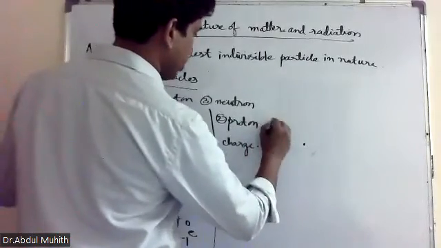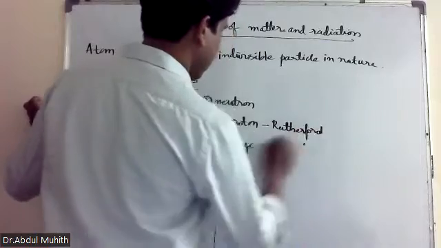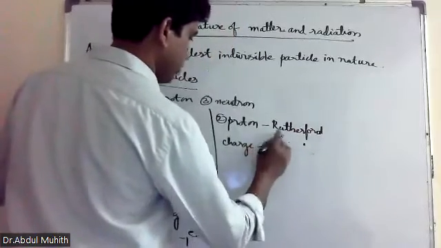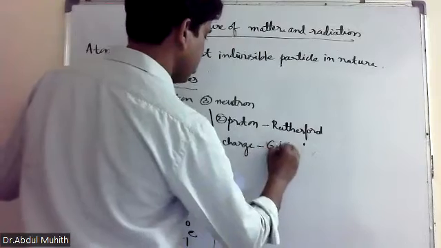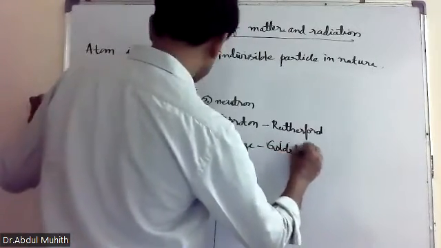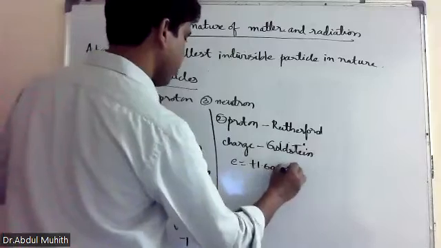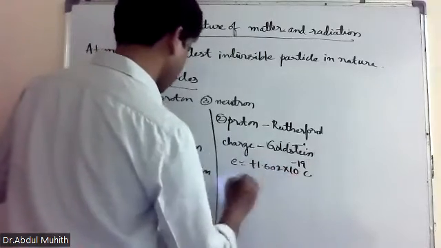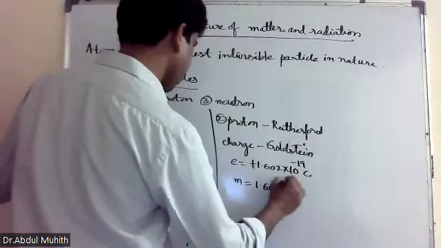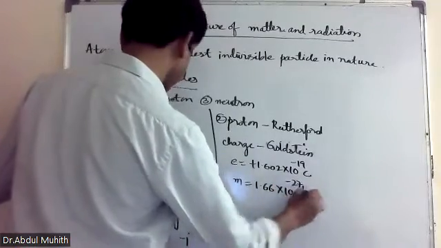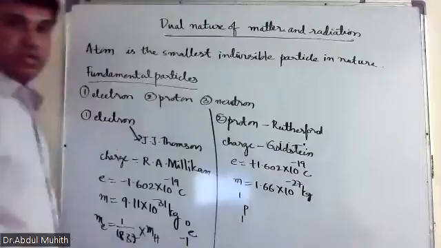Here also, the proton was discovered by Rutherford, and the charge of the proton was discovered by Goldstein. No need to remember the names. So the charge of the proton is plus 1.602 into 10 to the power of minus 19 coulombs, and the mass of the proton is 1.66 into 10 to the power of minus 27 kg. And here the symbol is p, with 1 as the charge and 1 as the mass.